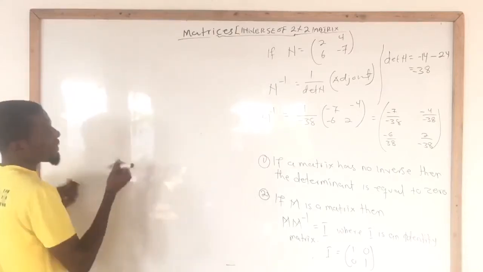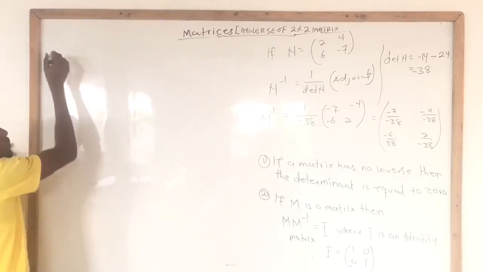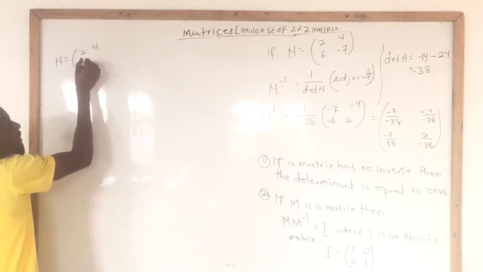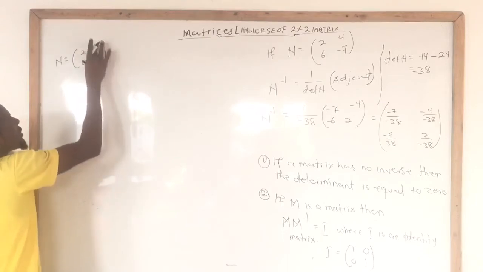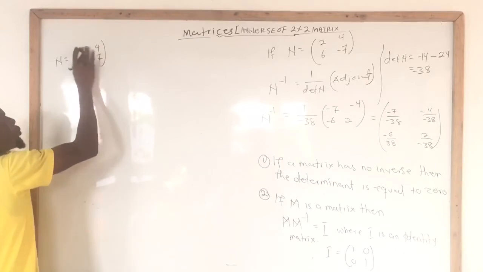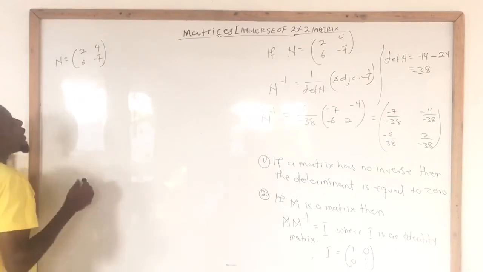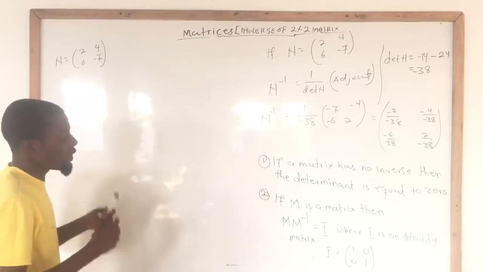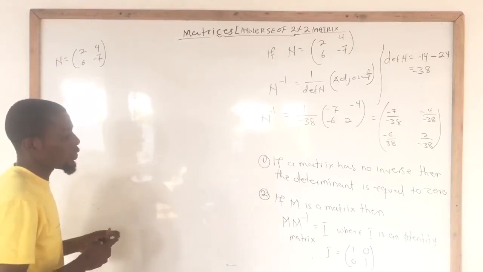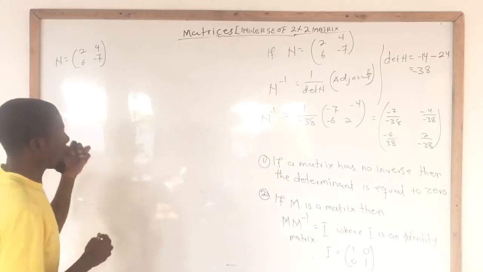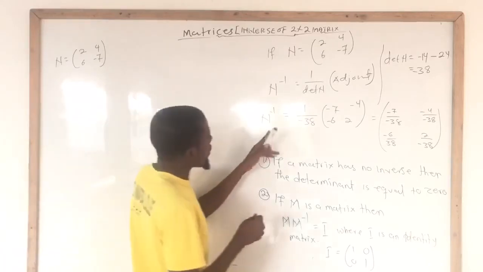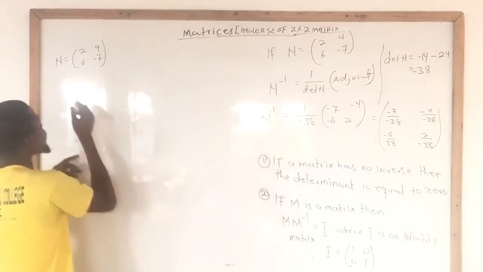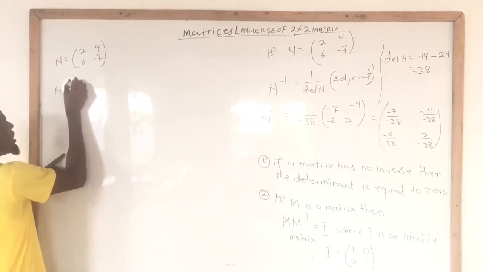So let me take a matrix. Let's just use this one. So if I have a matrix and that is 2, 4, 6, -7, right? I'm checking if when the matrix is multiplied by its own inverse, you are indeed going to get 1 0 0 1, right? Alright, so we've already found the inverse of the matrix. The inverse of the matrix gave us this, right? So let's multiply n with its inverse.